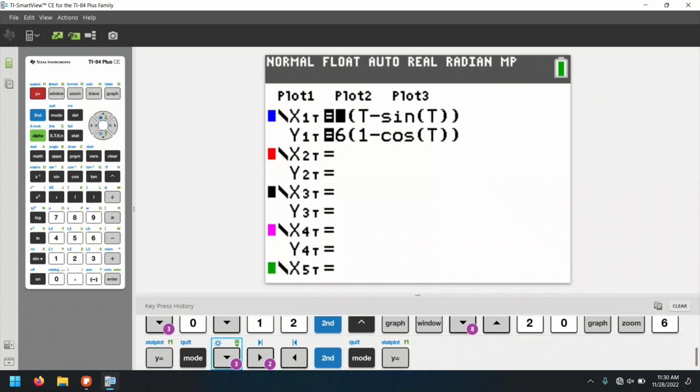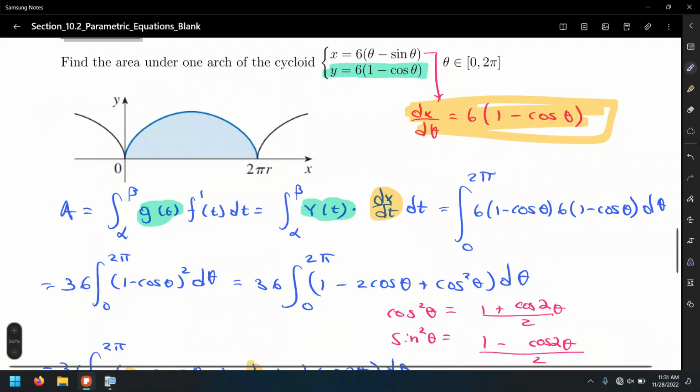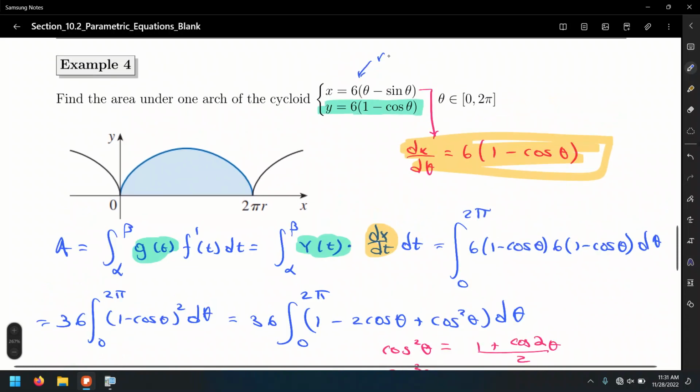First thing you do is click on graph. However, you're not going to be able to see the entire graph, unfortunately, because most likely I have the standard zoom, from negative 10 to 10 on both axes. However, notice the form of the equation, this is where our r is.